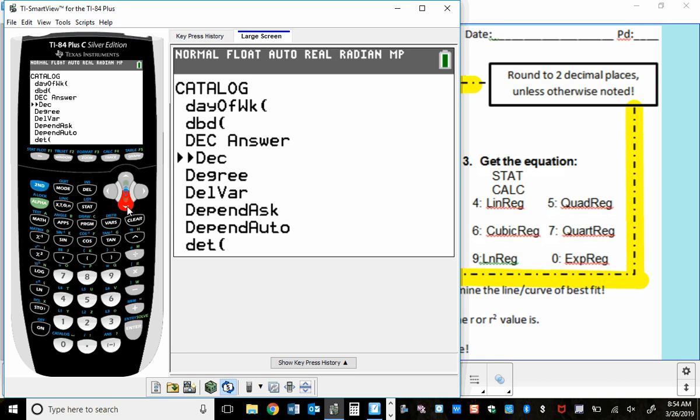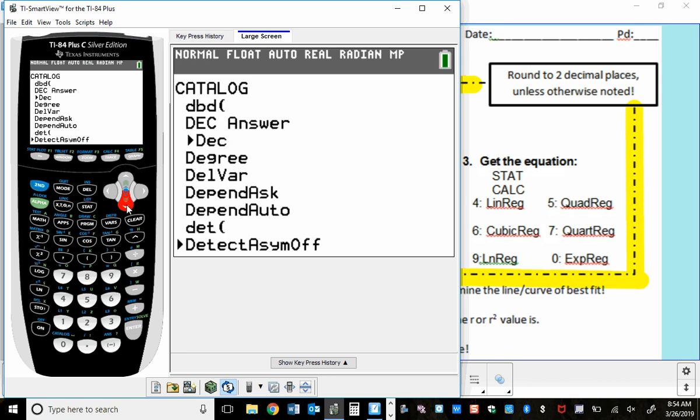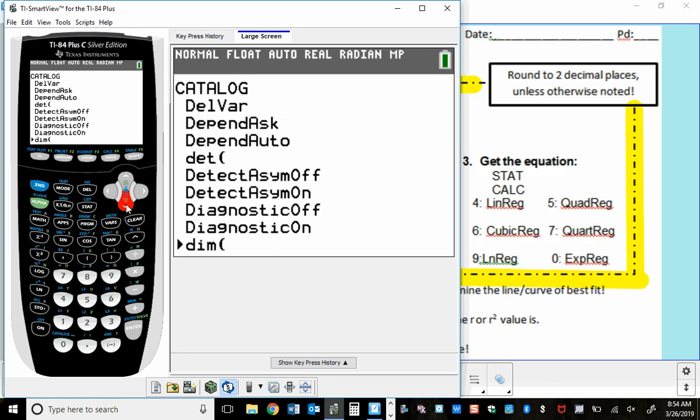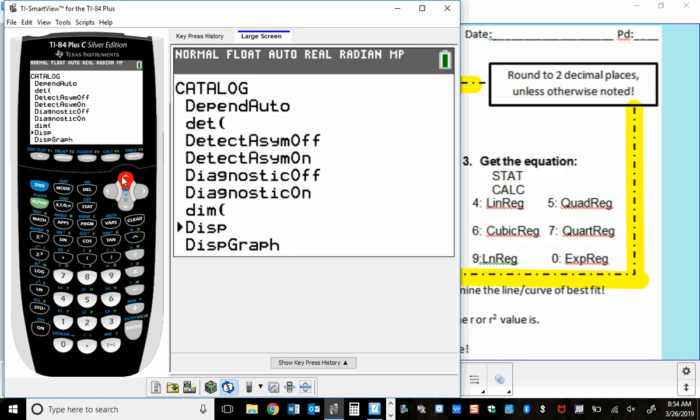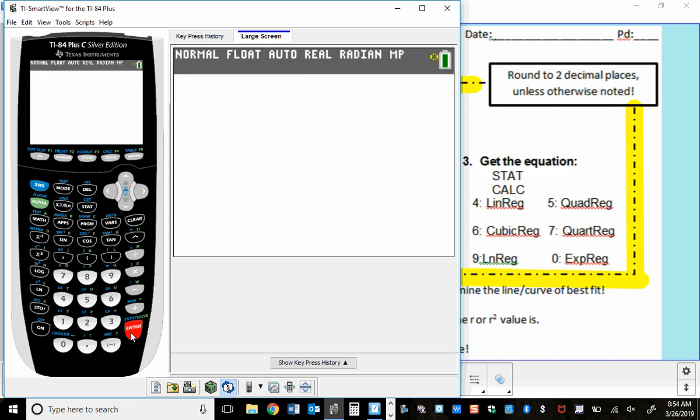And you see the little arrow that's moving? You want that arrow to be beside the words diagnostics on. Okay, so you're gonna see where it says diagnostic on. You guys have that? All right, hit enter until you see the words done.